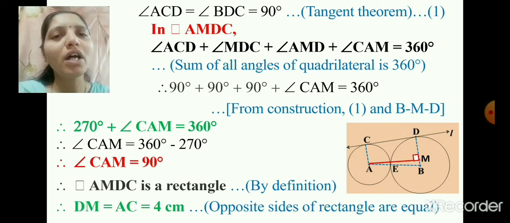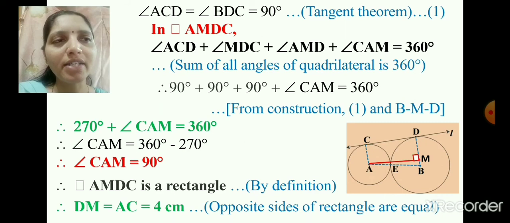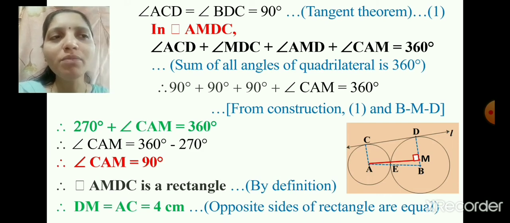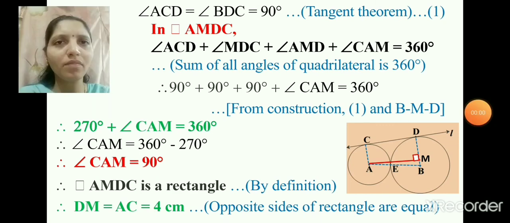Now therefore side segment DM is equal to segment AC, that is equal to 4 centimeter, because opposite sides of the rectangle are equal. Similarly, segment AM will also become equal to segment CD. So if you get the length of AM, you will get length of CD.